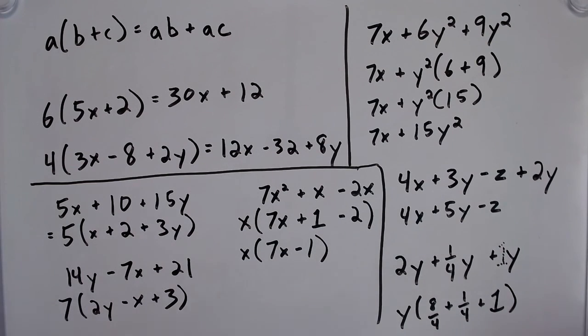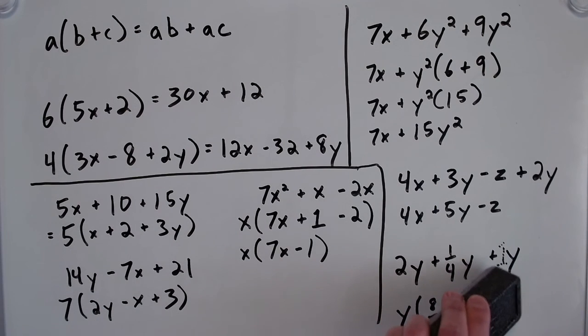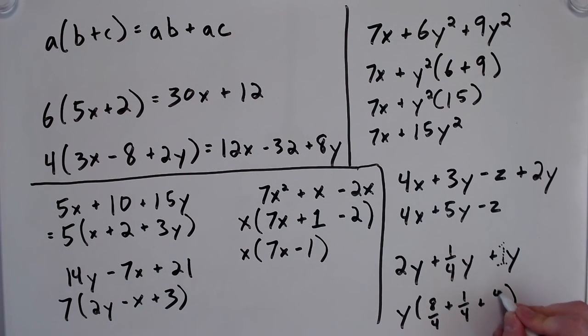As we learned a couple sections ago, anything over itself is 1. I'm just going to rewrite this as 4/4. So now I could add all this together. 8 plus 1 plus 4. It's 13/4. That's a terrible fraction. So this is 13/4 y. In this case, it was easier, at least in my mind, to factor out the y, do all your crazy fraction fun, and then put it all back together.